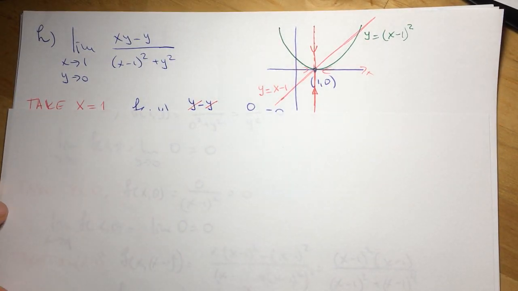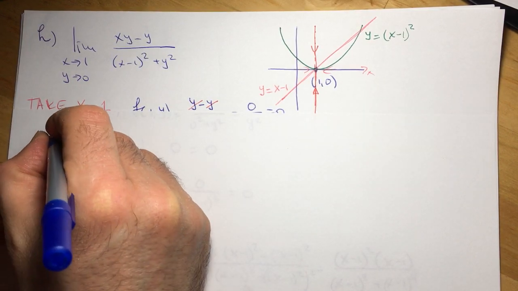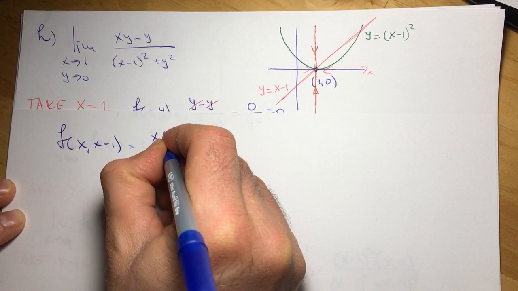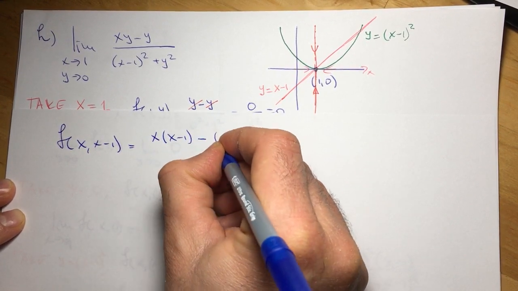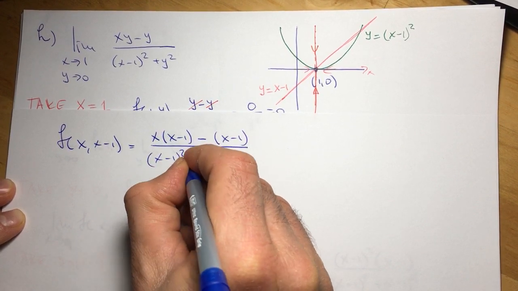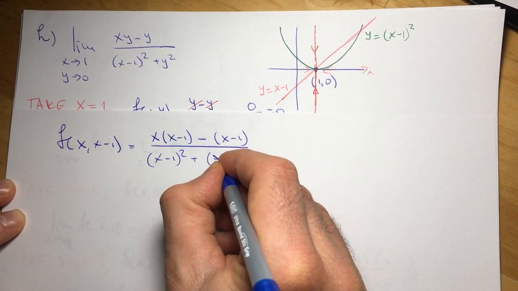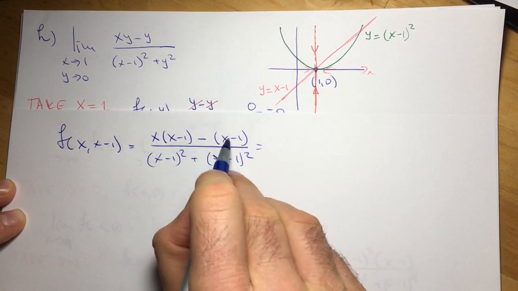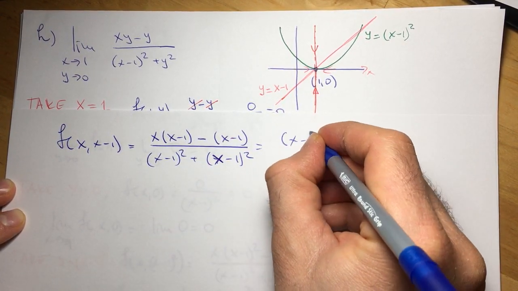Okay, so in that case, f of (x, x minus 1) is equal to x times (x minus 1) minus (x minus 1) over (x minus 1) squared plus (x minus 1) squared. Factor x minus 1 in the numerator.